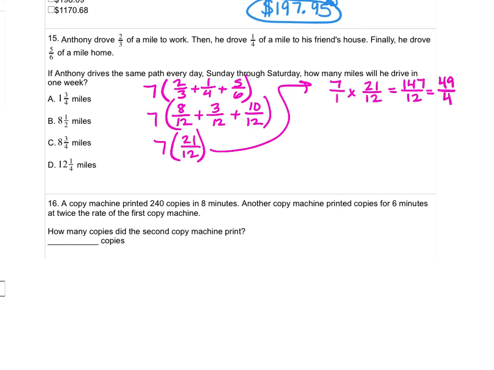And 49 divided by 4. 4 will go into 49 12 times with 1/4 left over. So we get 12 1/4 miles.